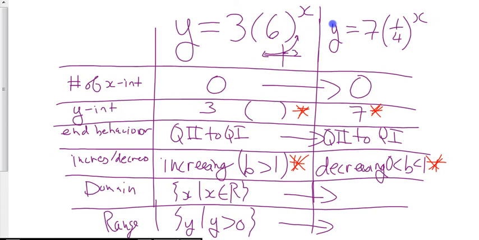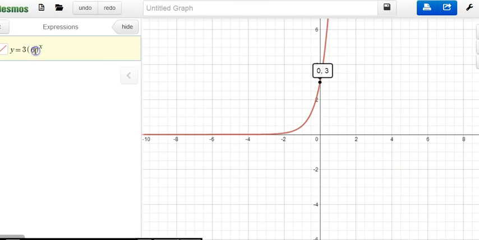A. And the value of b tells us whether the function is increasing or decreasing. How does that work? Okay, that's our prediction. Let's try it.